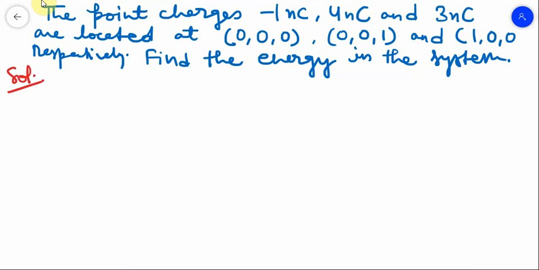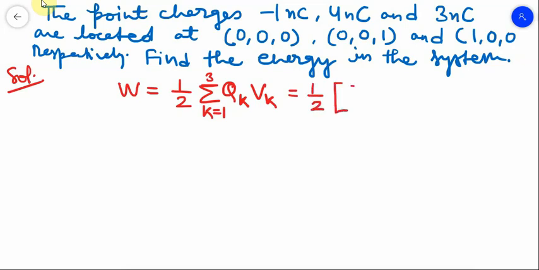If you remember, the total energy W equals half sigma Qk Vk, where k equals 1 to N. But here we have 3 charges, so we will put k equal to 1 to 3. If we expand this, then we have 1 upon 2 [Q1 V1 plus Q2 V2 plus Q3 V3].